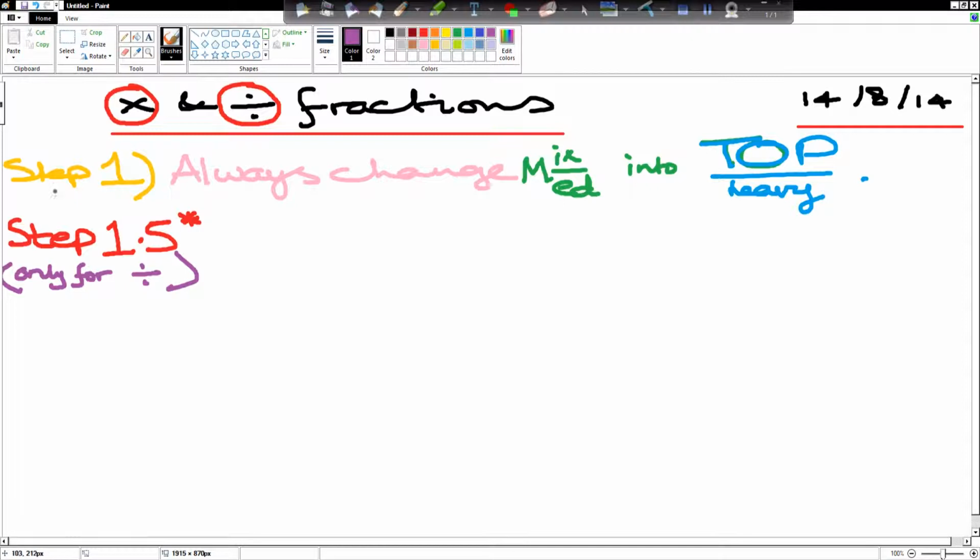Step number 1 is for multiplication and division. Step 1.5 is for division only. I'm going to come back to that in a bit. Let's carry on with step 2 now. Let's keep the flow going.